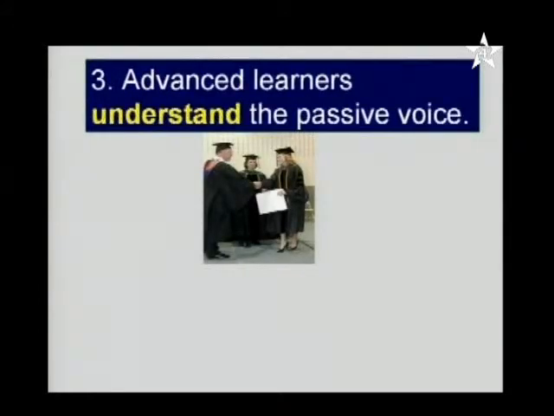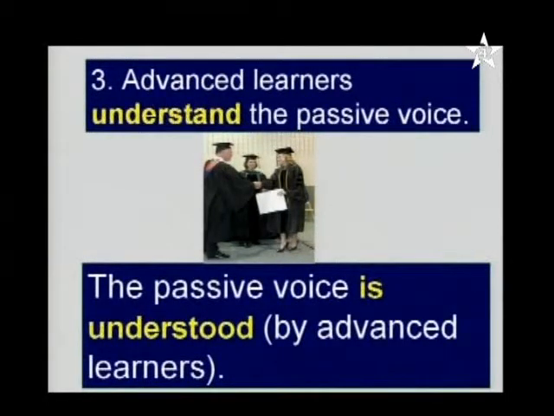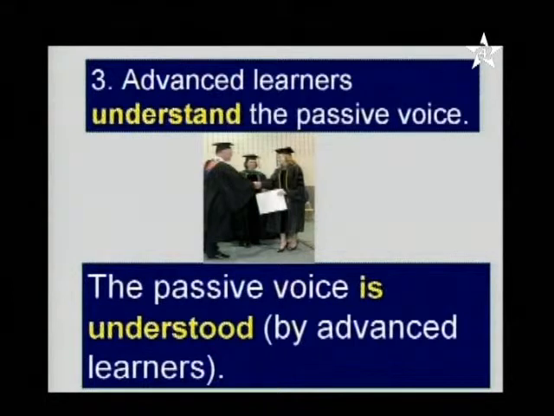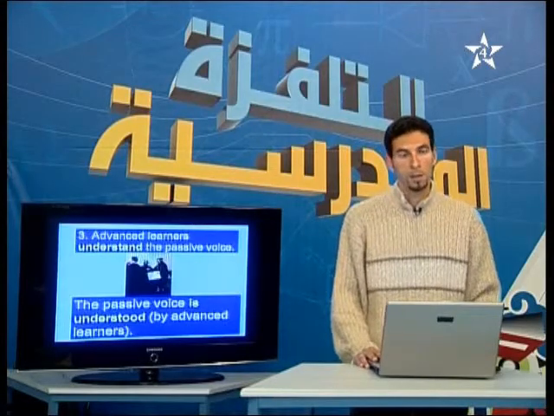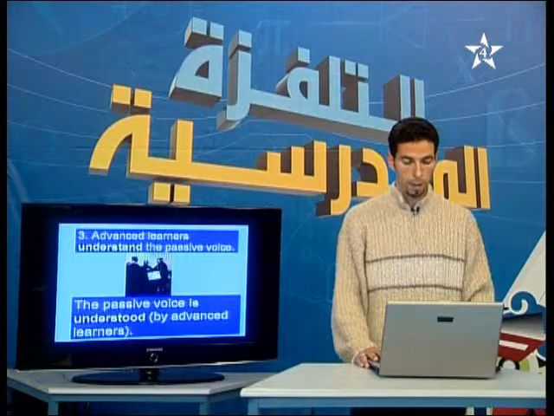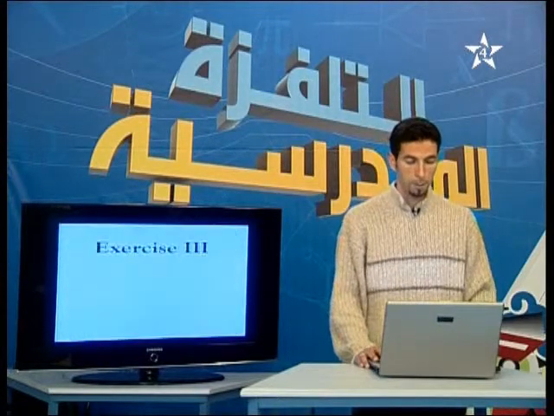Third sentence, advanced learners understand the passive voice. Of course, these learners can still teach the passive voice, not just understand it. The passive voice is understood by advanced learners, where the agent "by advanced learners" is in some cases optional, but in some other cases it's written straight, without even parentheses.